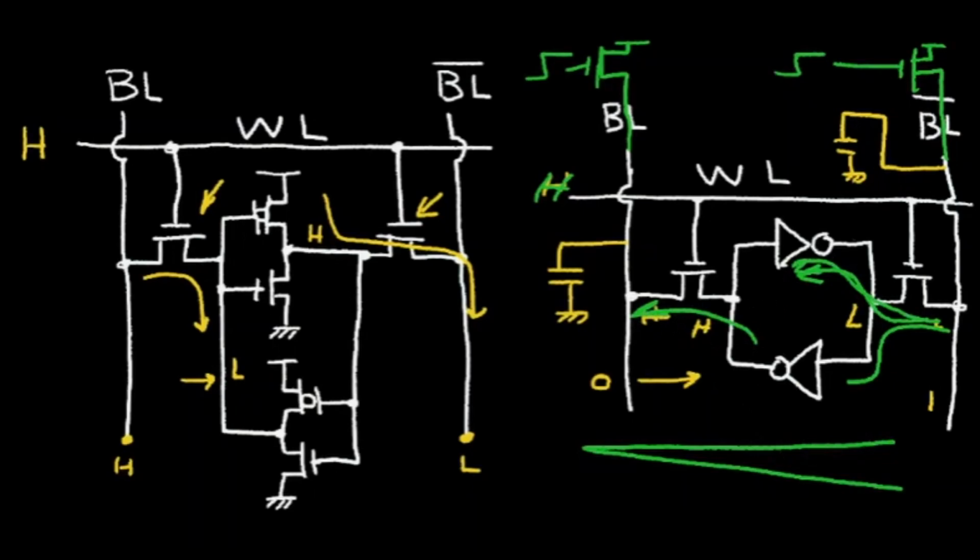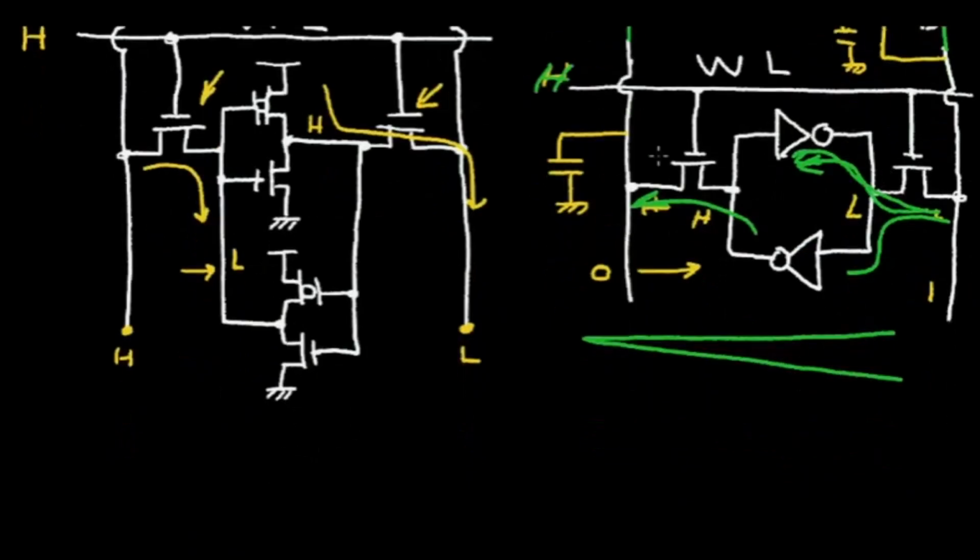So typically what would be done is I would have a sensing circuit that would amplify the signal at the bit line. So it would take this differential signal at the bit line and amplify it to a large voltage at the output.